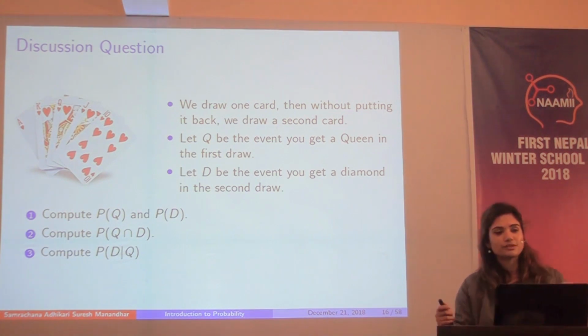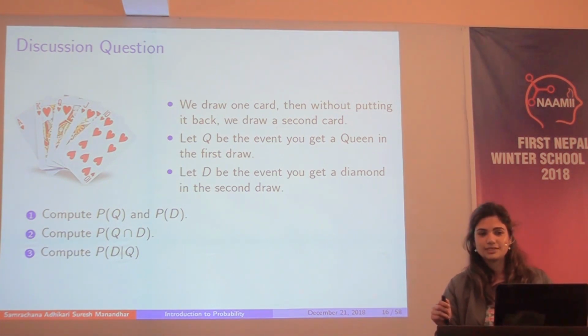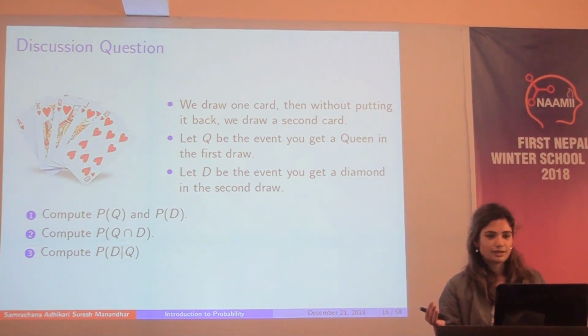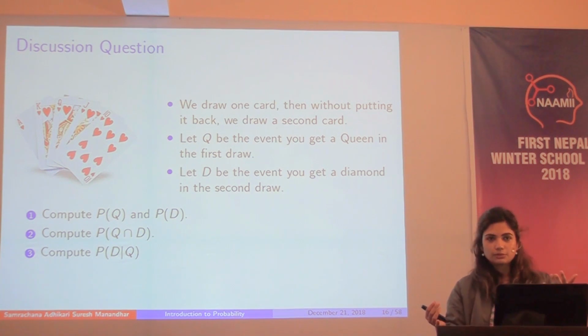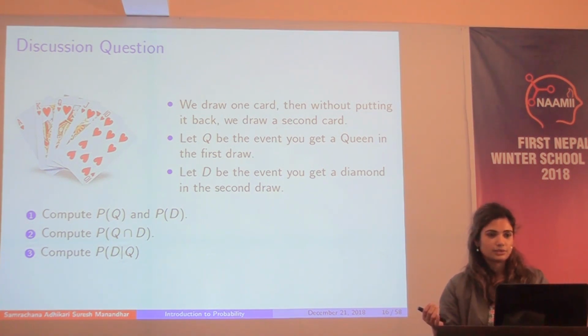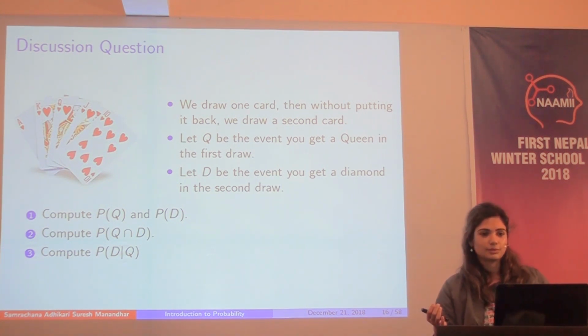So to compute P of Q and D, what else do we need now? We need to start thinking about what the events are, right? What are the possible ways you can get a queen and a diamond, where queen is in the first draw and diamond is in the second draw? You could get the queen of diamonds, and then a diamond in the second draw.